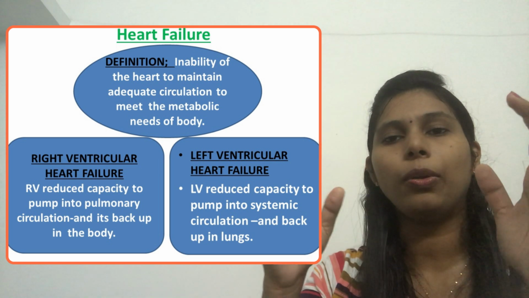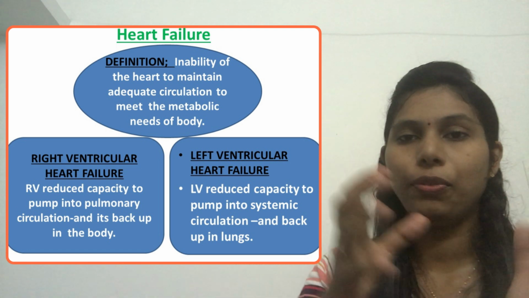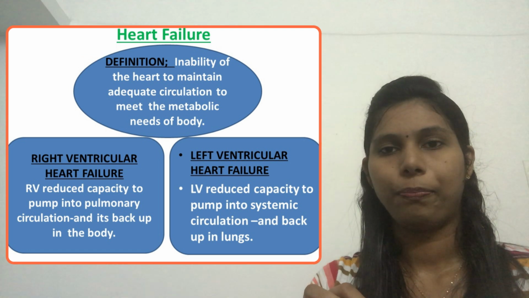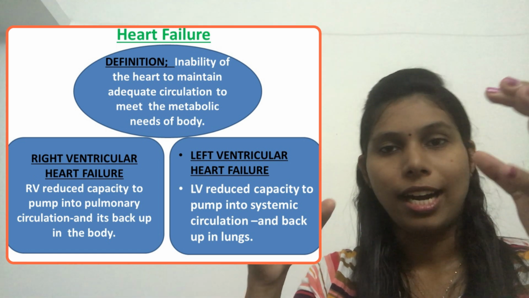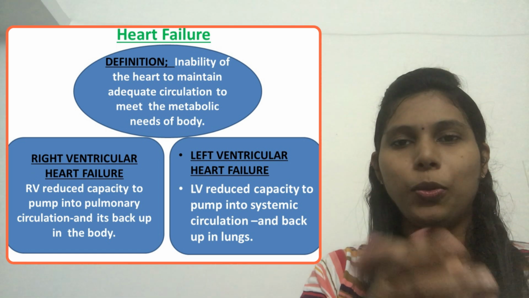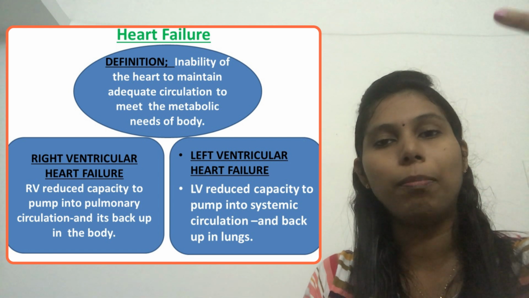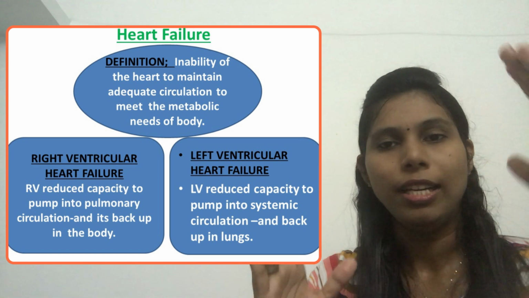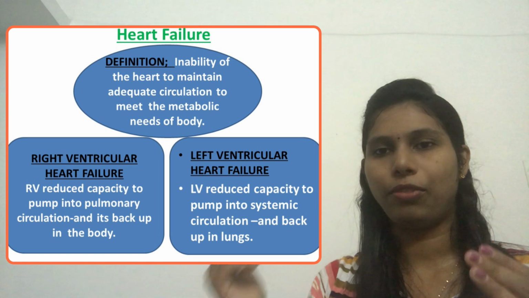The main thing, the questions usually come from right ventricular heart failure and left ventricular heart failure. So what is happening in right ventricular heart failure? We know how the heart circulation is happening. I know some of you have an idea about that. The heart has mainly four chambers: the right atrium, right ventricle, left atrium and the left ventricle.